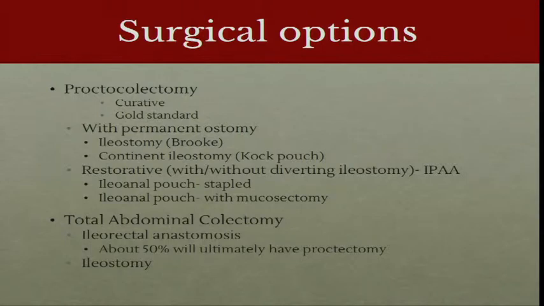You have to discuss childbearing plans with women, because once you get into that pelvis, a third of them will have fertility issues. So we wrap everything in separate film and do as much as we can, but sometimes we'll postpone the pouch until after she's had children.